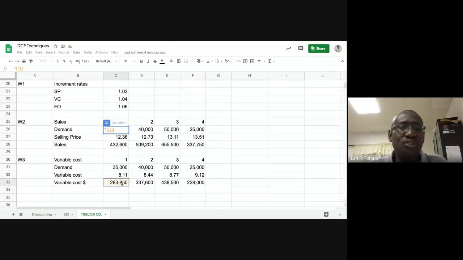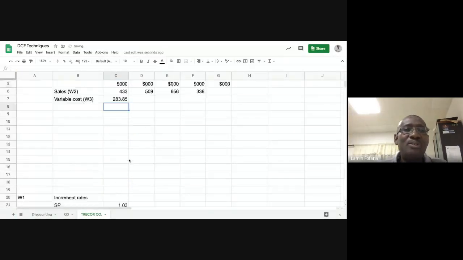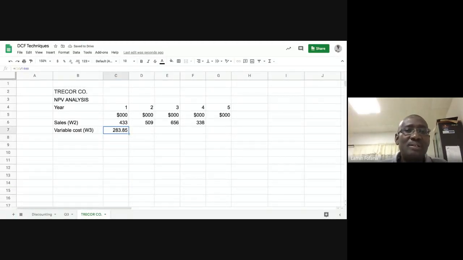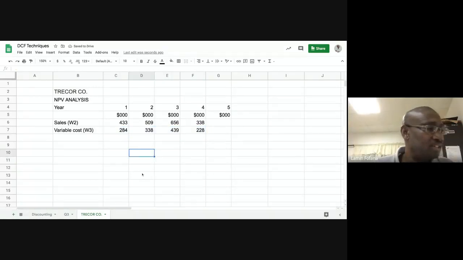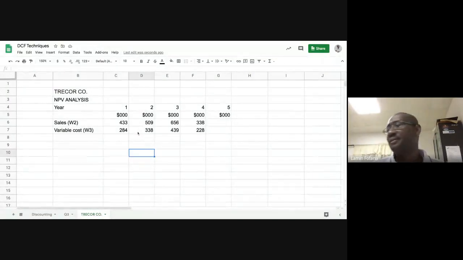For you, please use the senior school or the junior school method, divide by 1,000. For me, because I'm using a computer, I'll just use this. Then I'll copy this format and paste it here. So I have 284, 338, 439, 228. Correct.